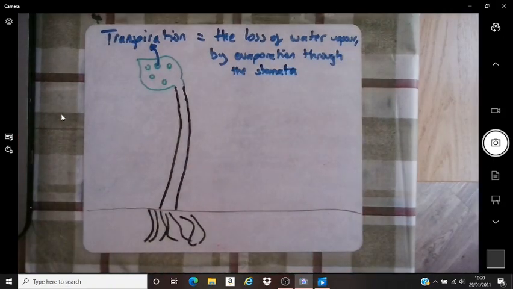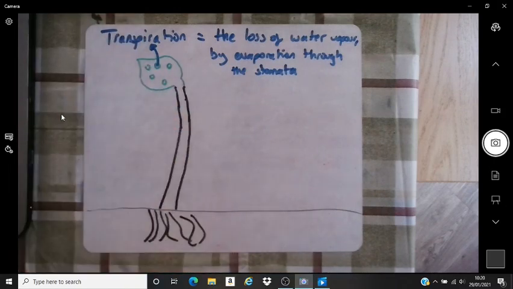The loss of water vapour by evaporation through the stomata. That's all transpiration is. So transpiration and evaporation, we kind of put them hand in hand. Because transpiration specifically is water vapour at the leaf through the stomata.